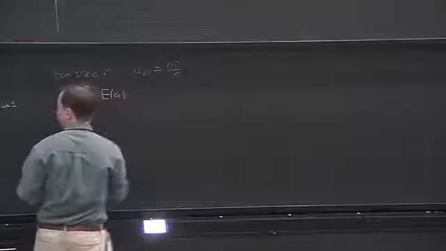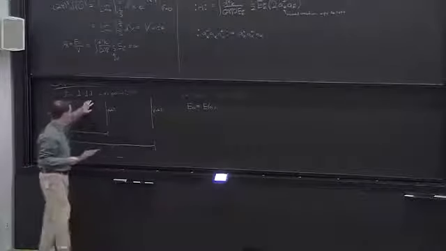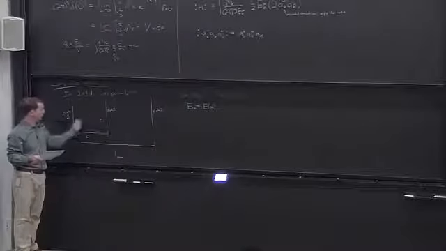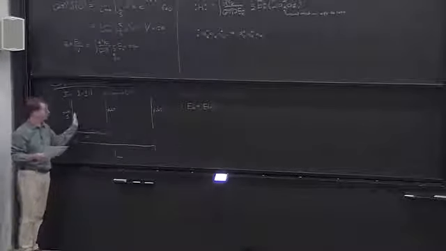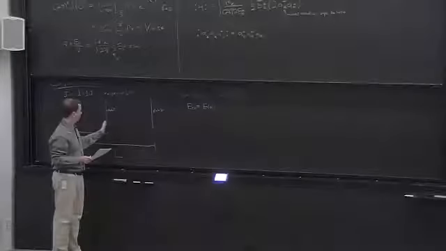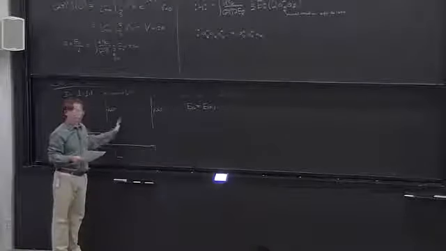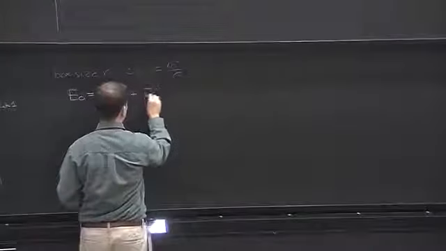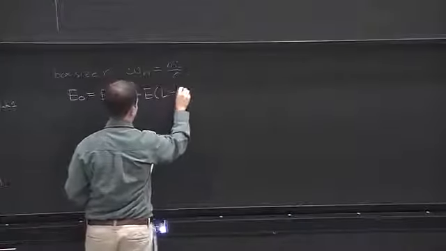There'll be some contribution to the vacuum energy from the fields in between plate 1 and plate 2 on this side. And there'll also be some contribution from the fields in between plate 1 and plate 2 on this side. So let's call those 2 contributions E of A and E of L minus A.